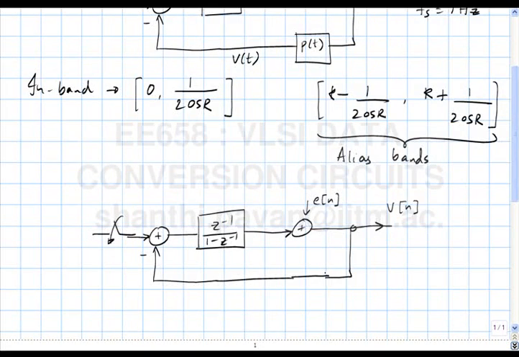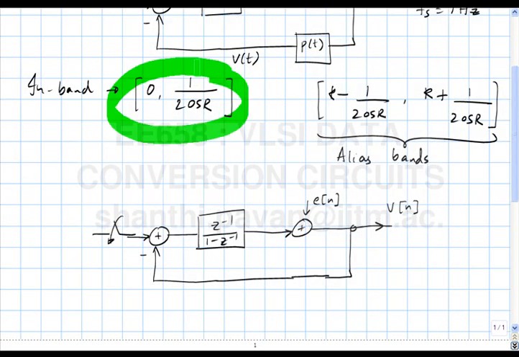So, if there was a tone between 0 and 1 by 2 OSR, everything is hunky dory, you get what you expect, signal transfer function of in band signals almost equal to 1, and the NTF within the band will go up as omega, since we are talking about low frequency, and the output will be the signal plus shaped noise.